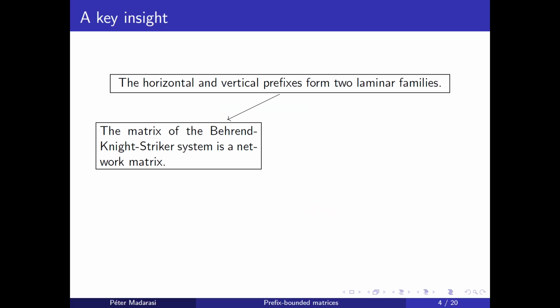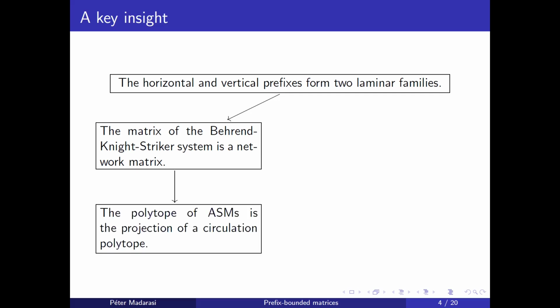Network matrices are known to be totally unimodular, and as the right-hand side, so the bounds, were all integers, we immediately obtain that the polytope defined by this set of linear inequalities must be also integral, which in turn means that it describes the convex hull of ASMs. So if you like, this was a two-sentence proof of the fact that this system describes the polytope of ASMs.